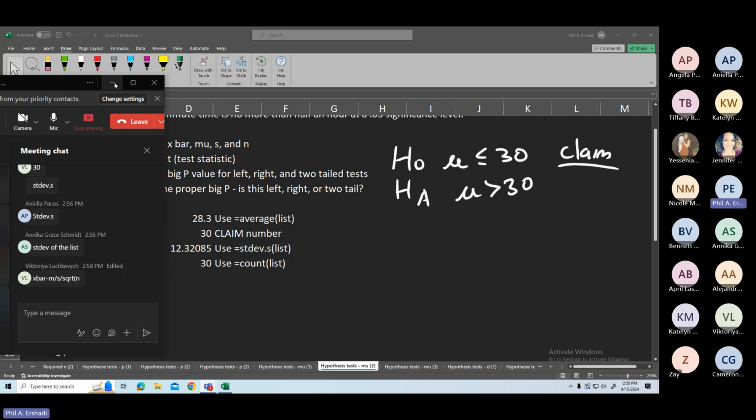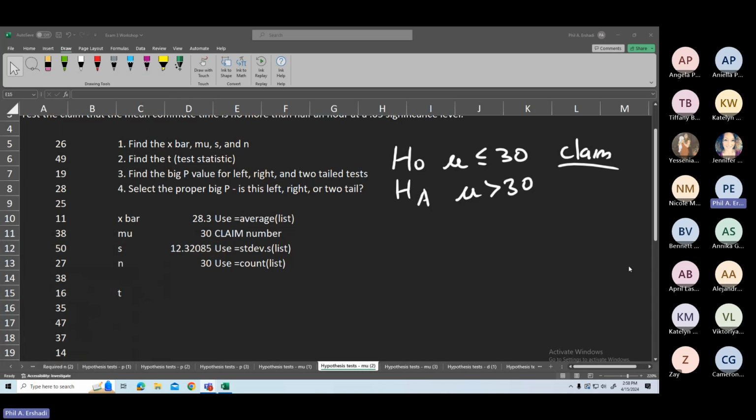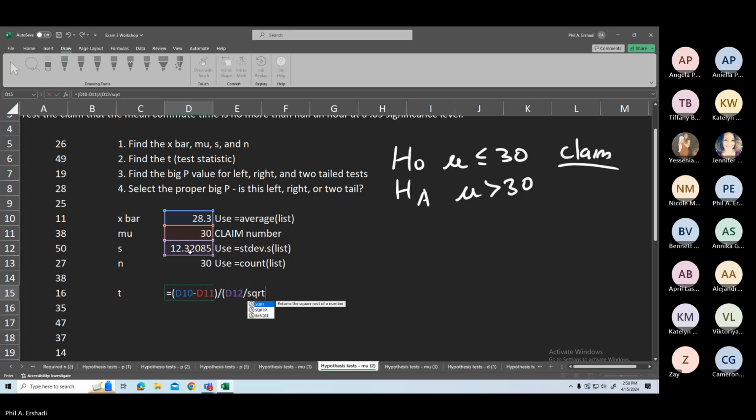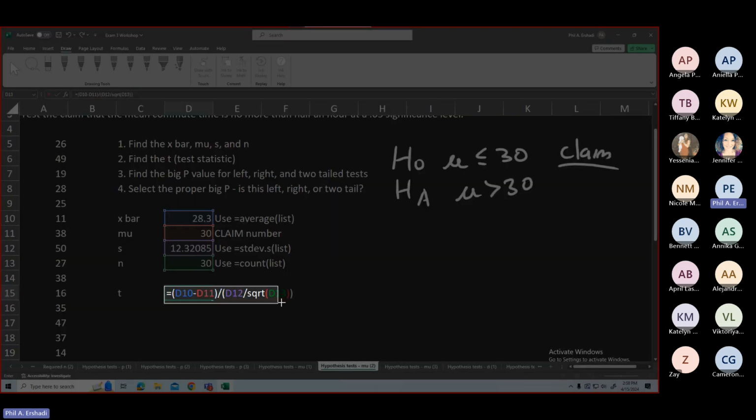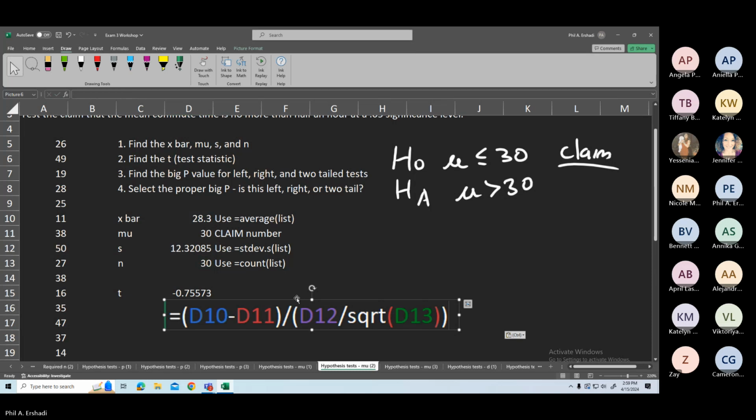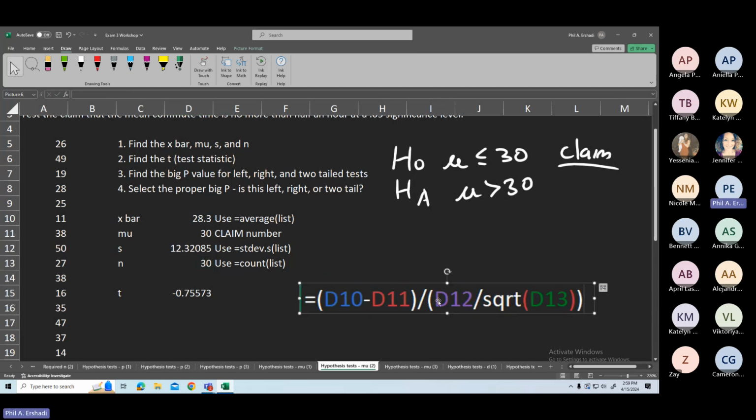But remember one more thing, that when you type this, you want to say equals parentheses x bar subtract mu, then divide, then get a new parentheses, then go s over square root of n, then double close. So I'm going to make sure that we understand what goes where here. Notice that the first part of this formula gets its own parentheses.